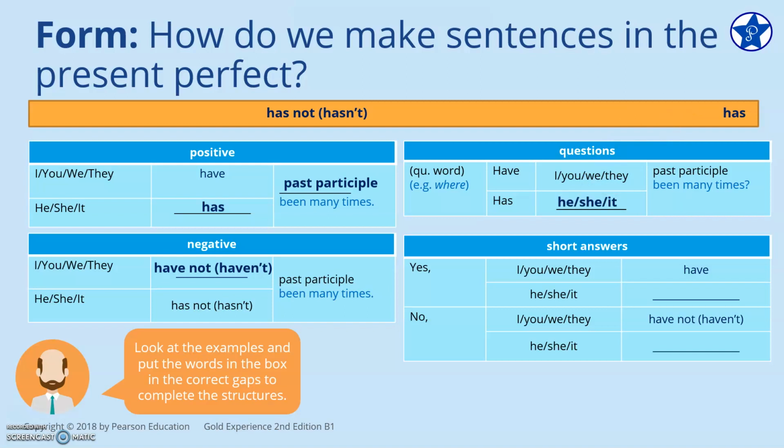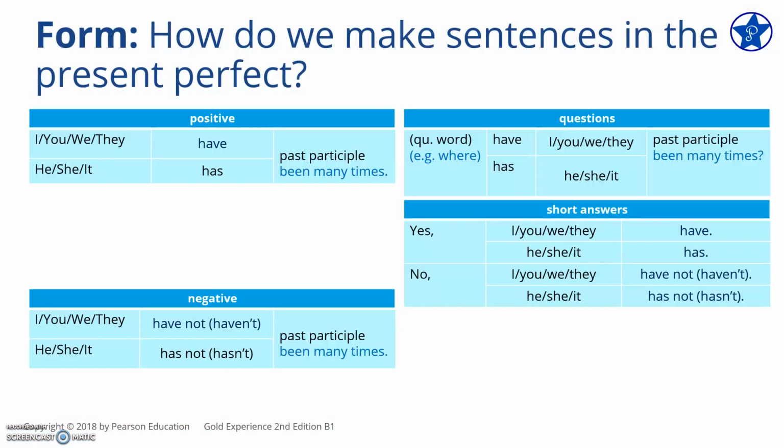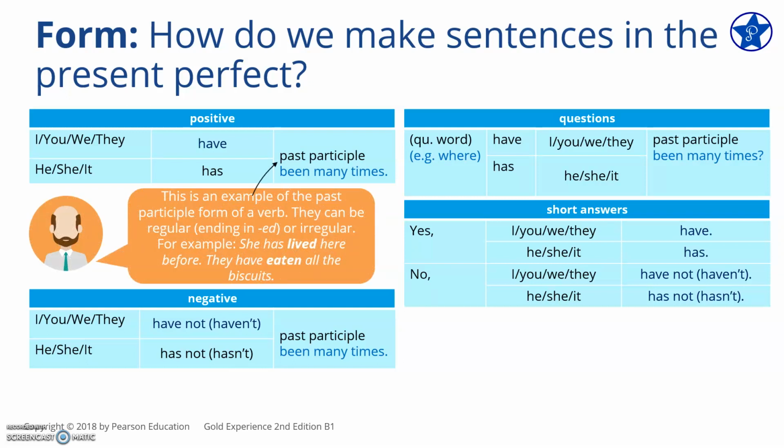In questions, have and has run to the beginning, and in short answers, have and has appear at the end. You see, this is an example of the past participle form of a verb.